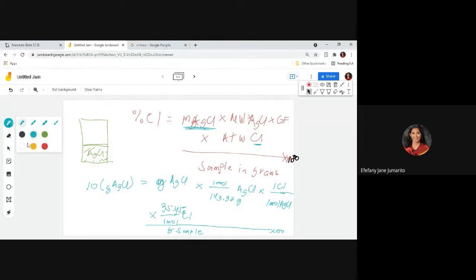We have 35.45 divided by 143.32. What is that? 0.25, ma'am.